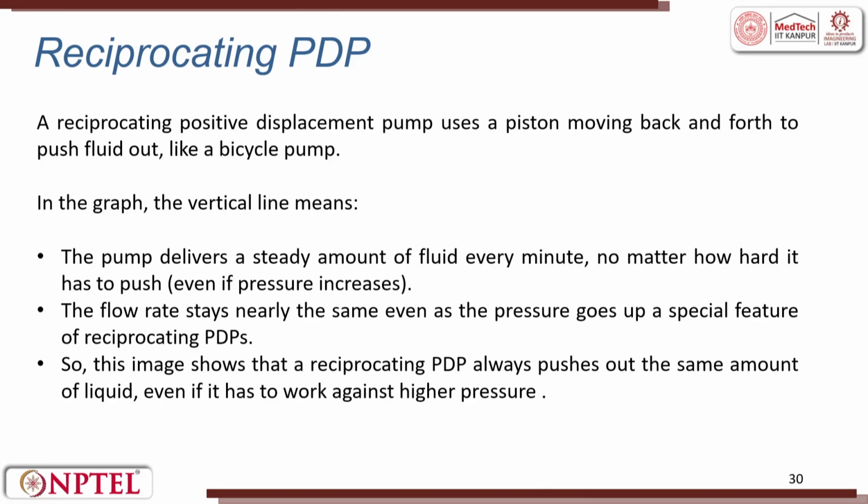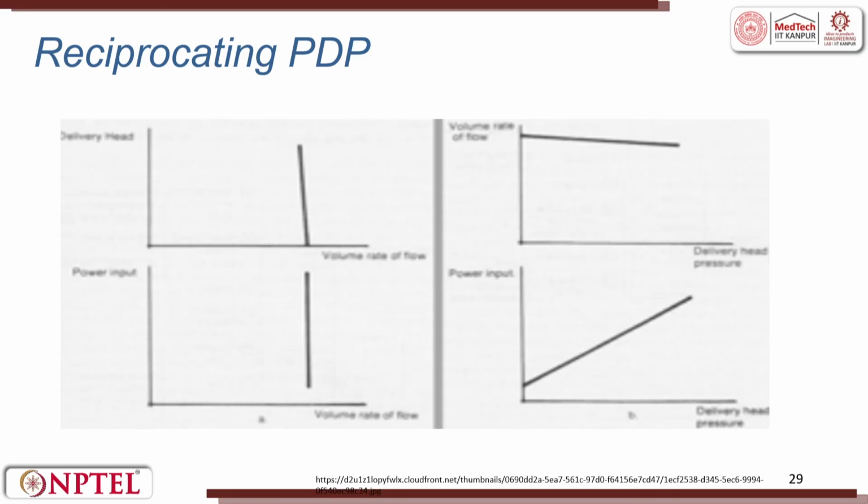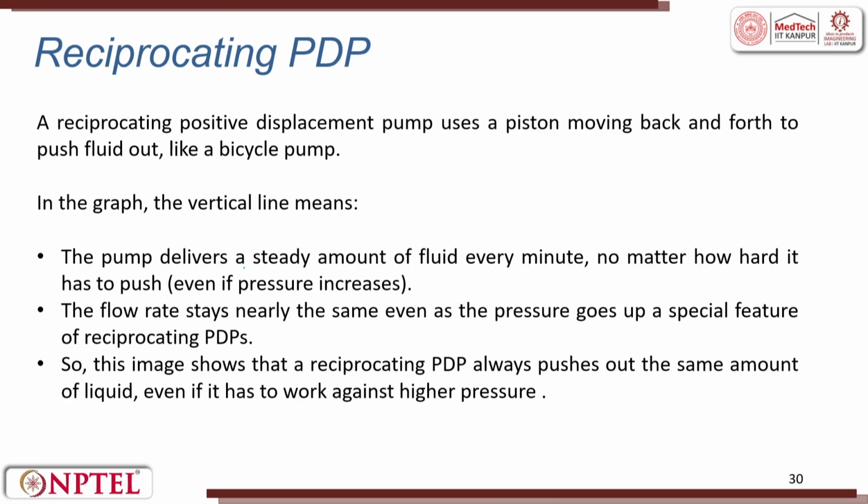So, you can see for the reciprocating pump how the responses are. The reciprocating pump uses a piston moving back and forth to move fluid, like a bicycle pump. In the graph, which is discussed in the next slide, the pump delivers a steady amount of fluid every minute, no matter how hard it has to push, even if the pressure increases.